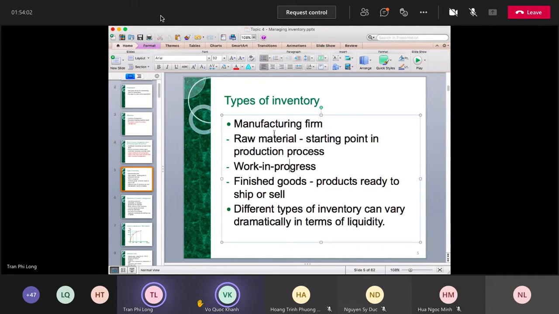You are correct. I remember I asked the same question for a student in the first week, and that student made the same mistake. I think he also selected the finished good, but the answer will be the raw materials. The raw materials will be the item that has the highest liquidity. Okay, good.